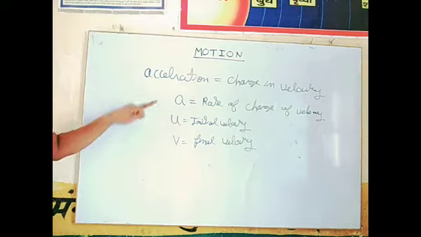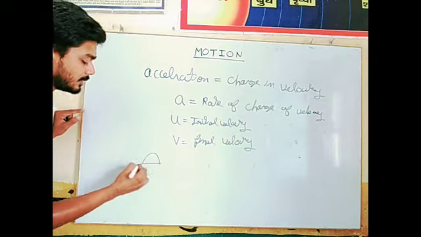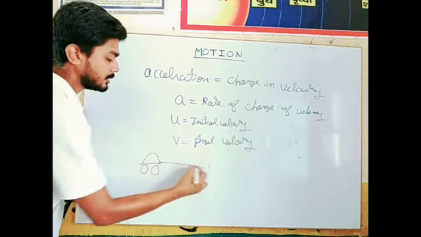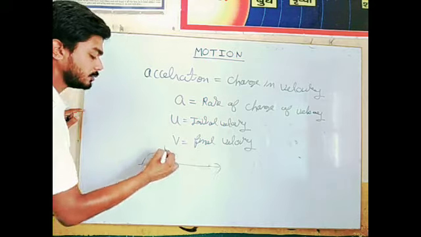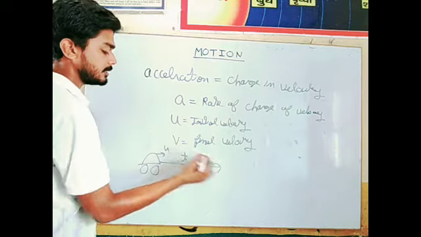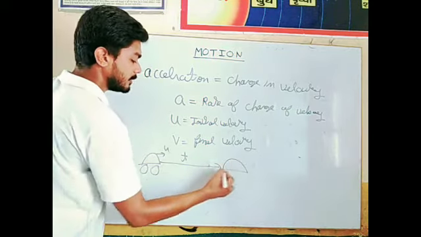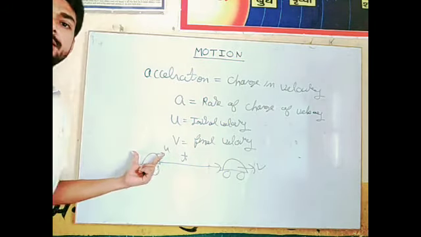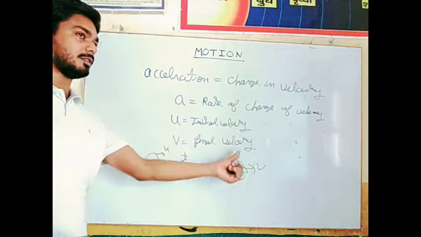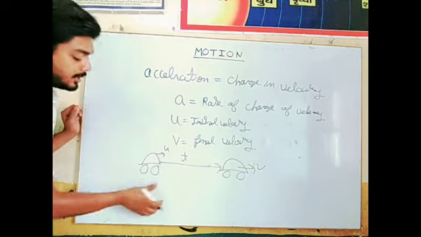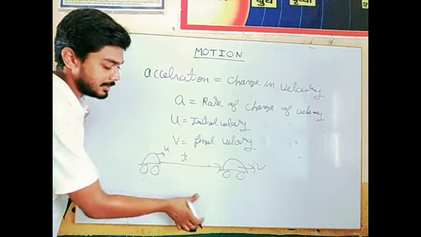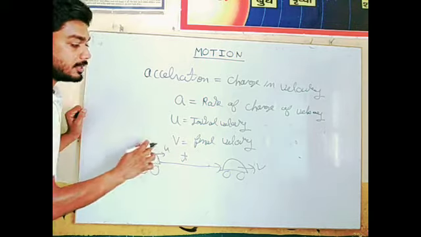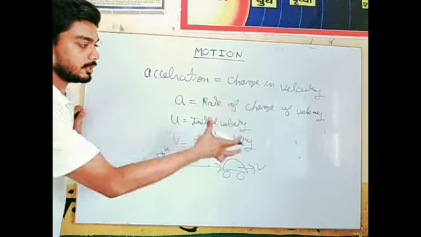Suppose the body is a car, and it started with velocity u, and after time interval t, it attains a velocity v. Then you will say that the body is in acceleration, and acceleration means change in velocity or rate of change of velocity.